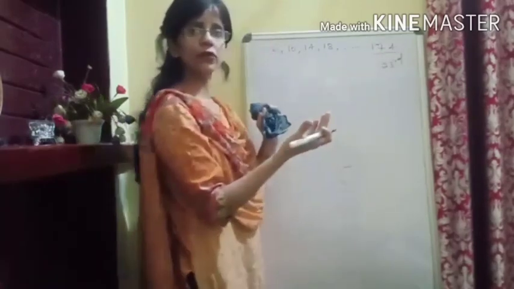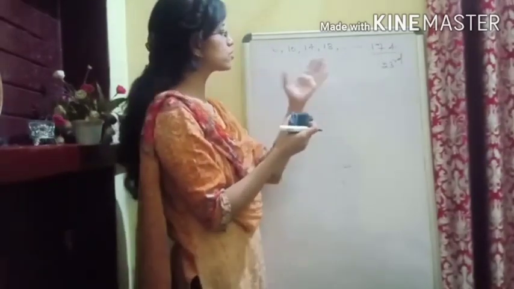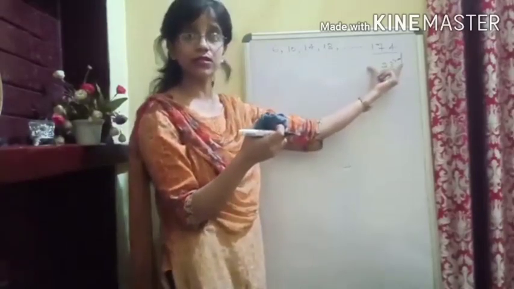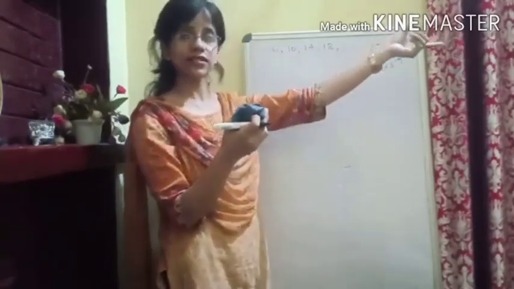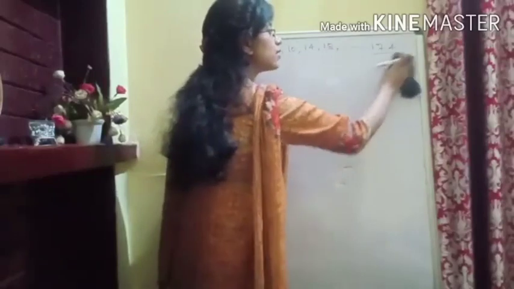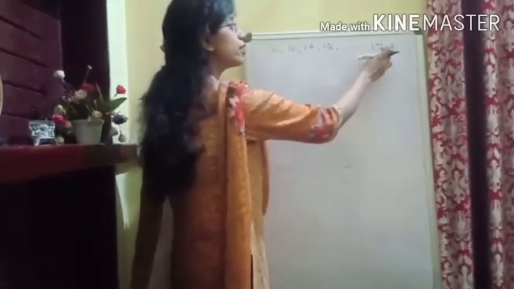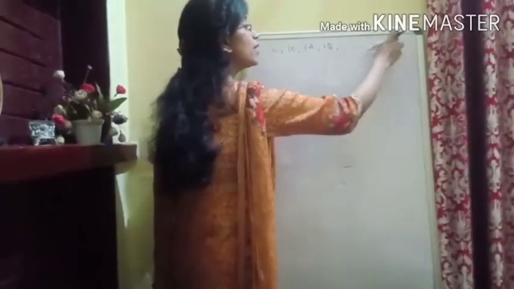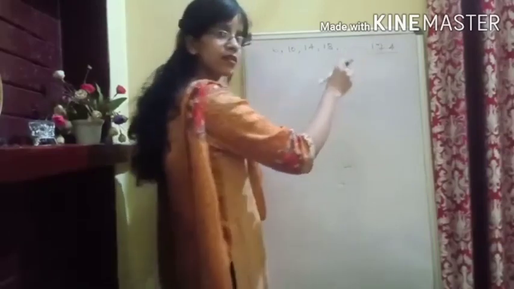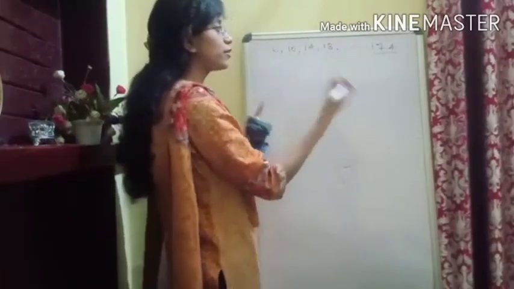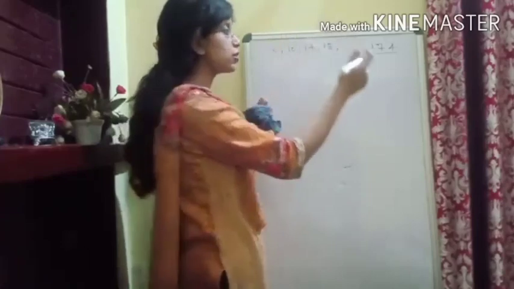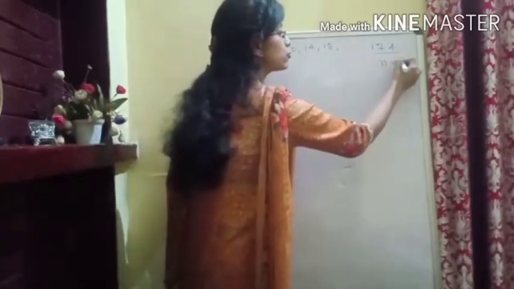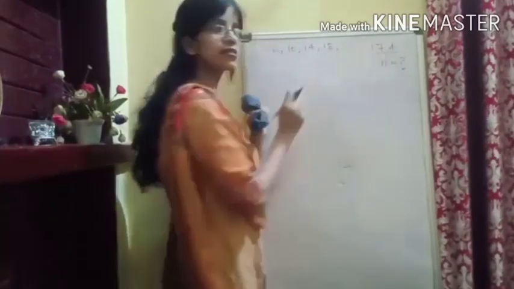That means how many terms are going to be there? 23 terms in the sequence. So that is our idea. For the last term we are going to find out at which place this term is coming. That means we are supposed to calculate small n for this term.